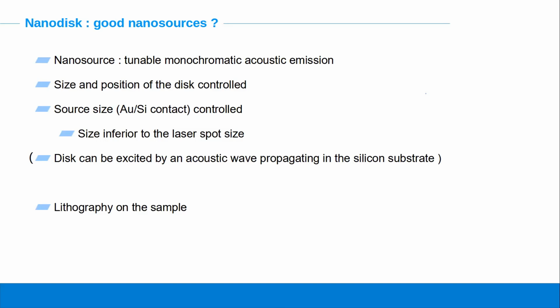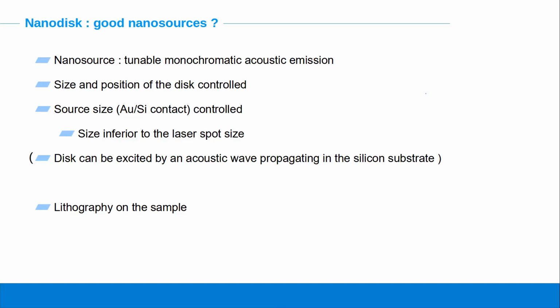We control the size and the position of the disk, and we control the size of the source. And also, I didn't show it here for time reasons, but we can also do the reverse experiment, where we generate acoustic waves in silicon, and it will excite the nanoparticles and will lead to a richer spectrum. So it also proves that the nanodisk can be used as a nano-receptor in addition to a nano-source.